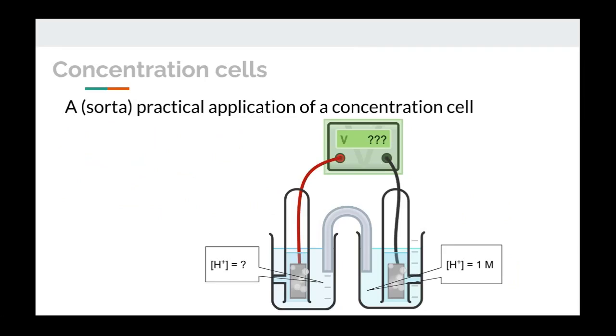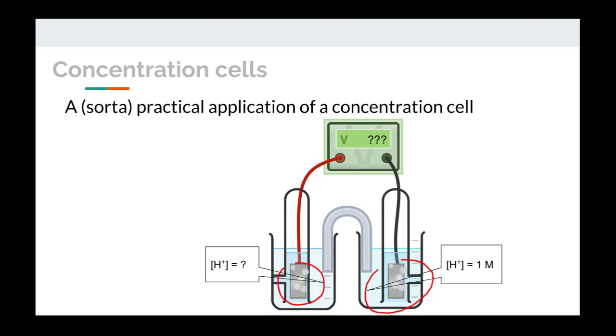Now you might think this might be just a chemical curiosity with no practical value, but it actually does have some practical value. And here's a way of understanding that by looking at this particular cell. On this side we have a hydrogen electrode on the oxidation side, and we have a hydrogen electrode on the reduction side.